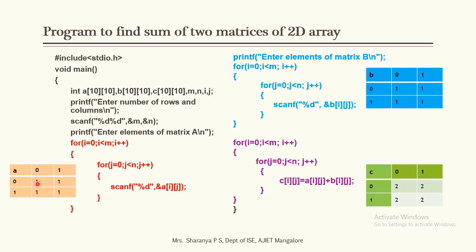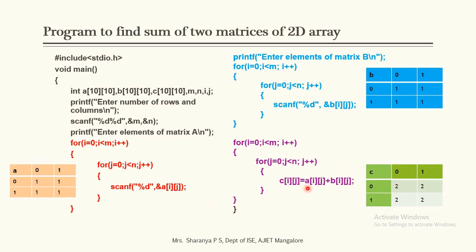That is A of 0, 1, that is nothing but 1, and B of 0, 1, that is nothing but 1. This and this element are going to be added, and the result will be stored in which location? C of 0 and 1. So this is how the addition of two matrices will be performed.